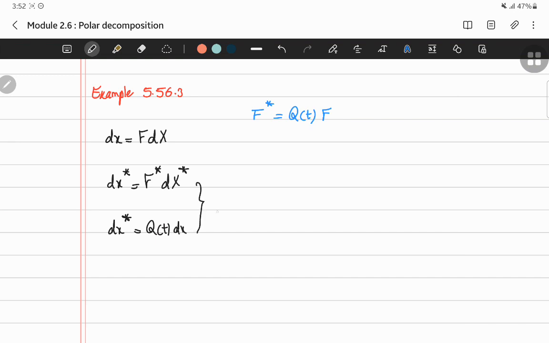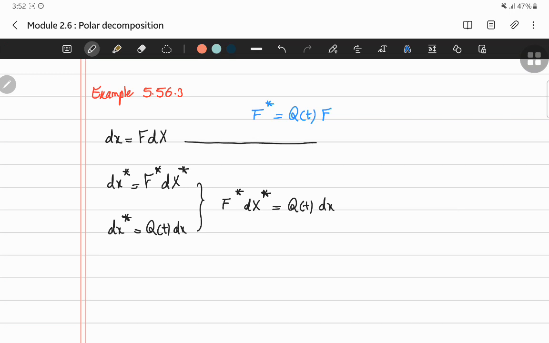So from these two, we can conclude that dx star is equal to this. So we can write that F star dX star is equal to Q dx.